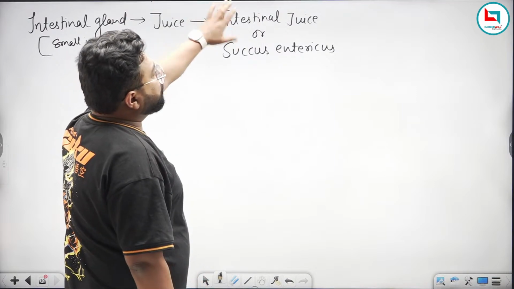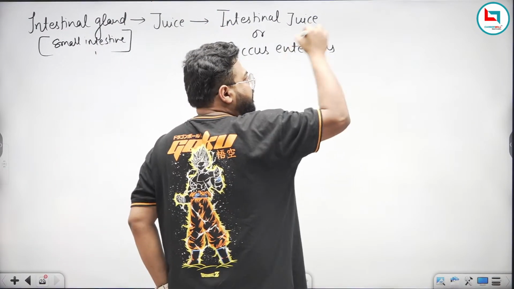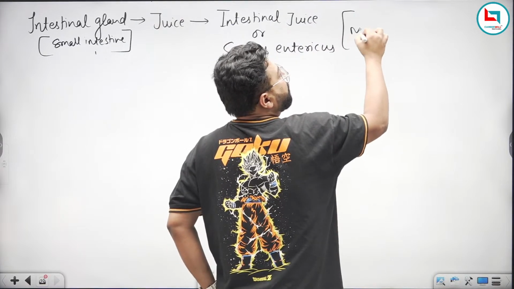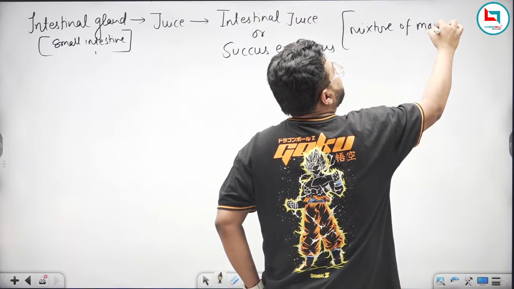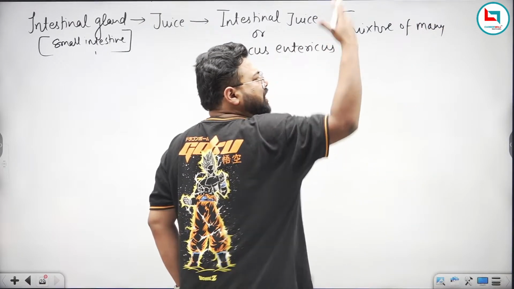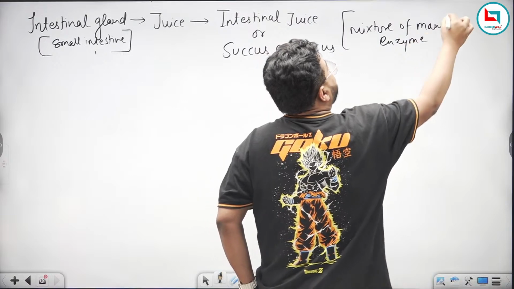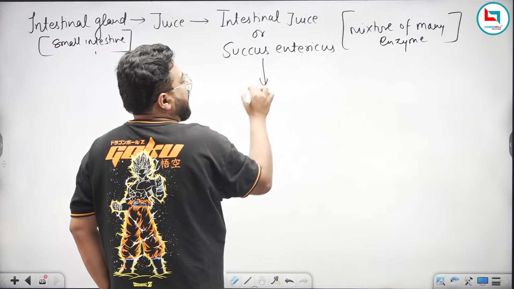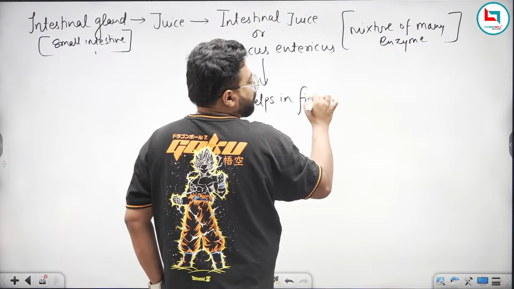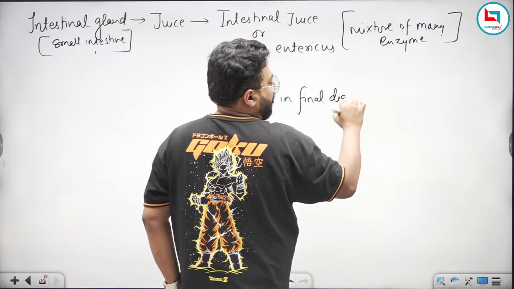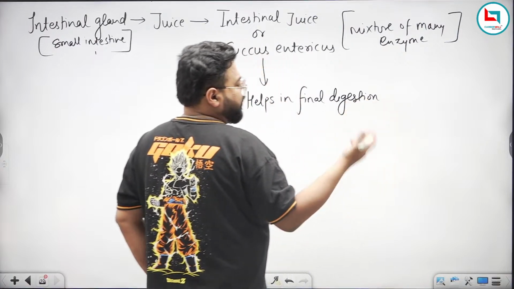It releases a juice known as intestinal juice or succus entericus, and this juice is a mixture of many enzymes. It does not contain 3 or 4 enzymes, it contains more than 10 enzymes. This intestinal juice helps in the final digestion of food. How this digestion mechanism will take place, we're going to discuss tomorrow.